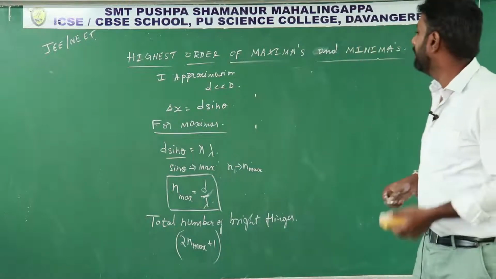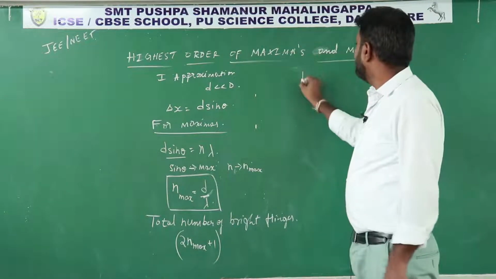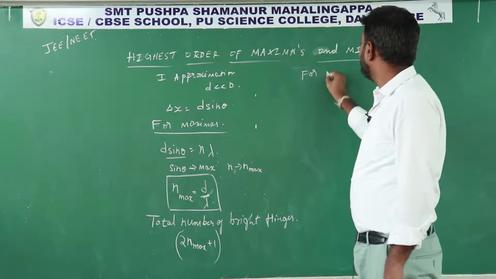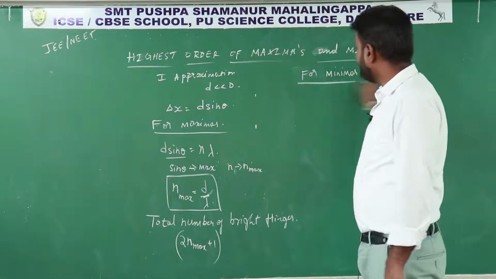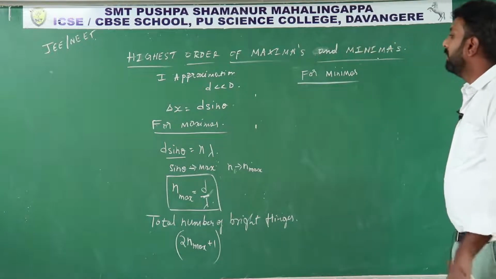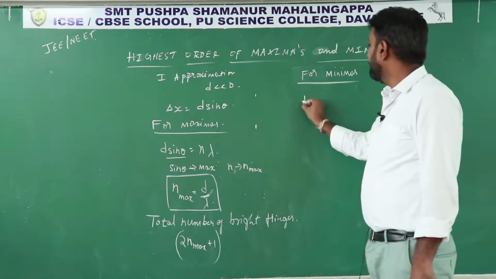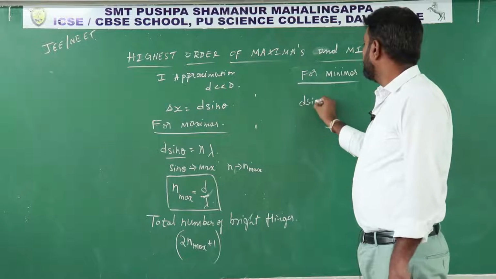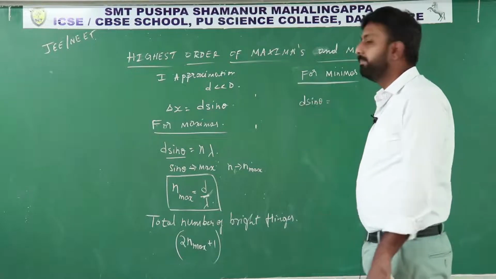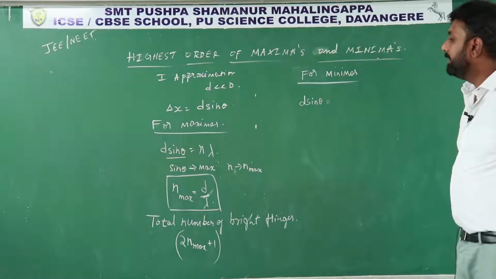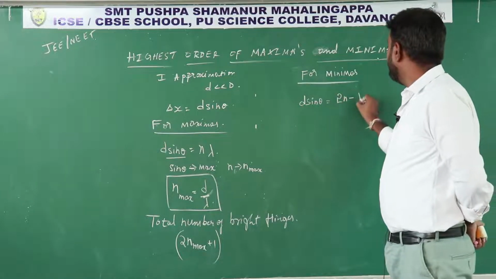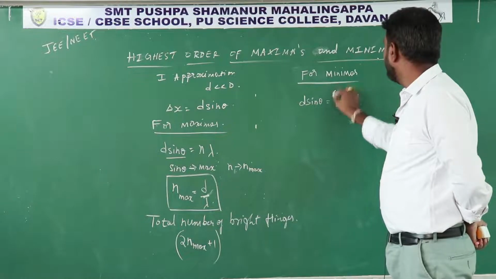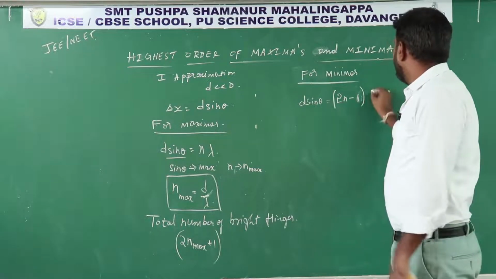Similarly, next we will see the condition for minimas. For minimas, the path difference d sin theta is equal to, for dark fringes, 2n minus 1 lambda by 2.